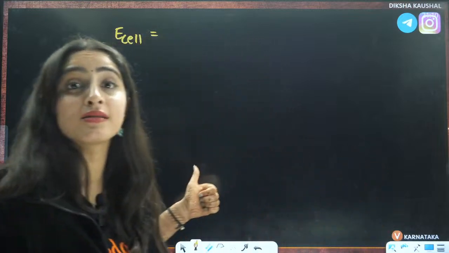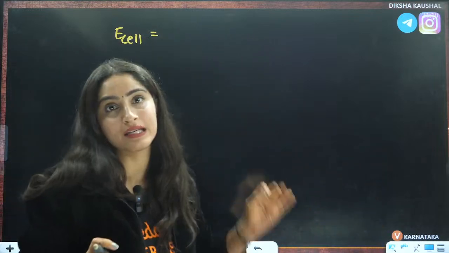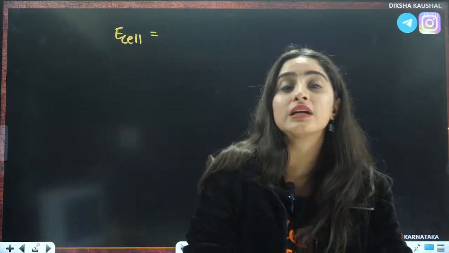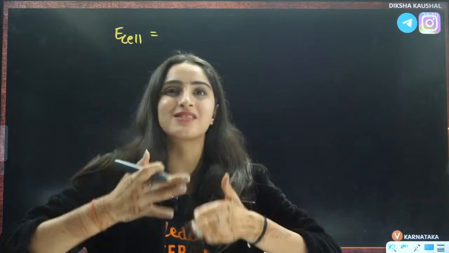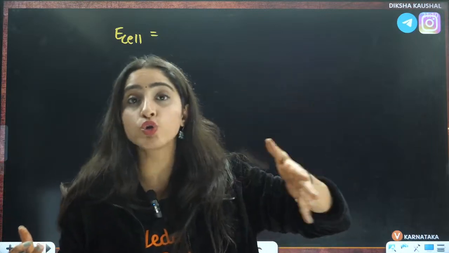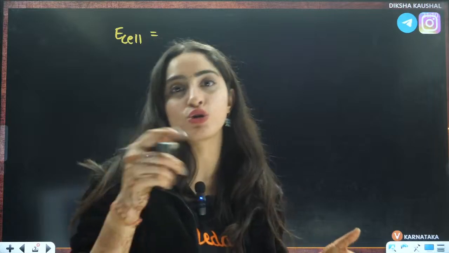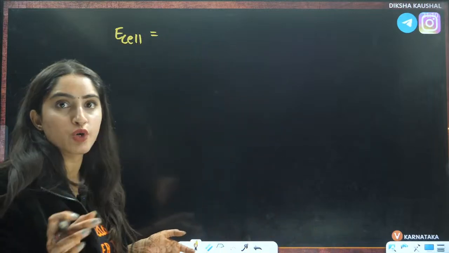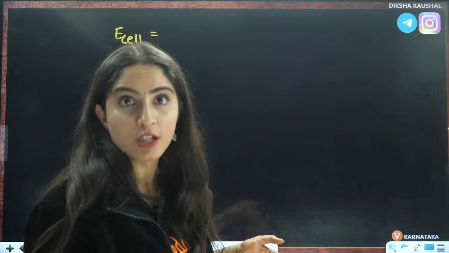To calculate this E cell, we need to check what is Nernst equation and why Nernst equation is so important. It is not just about cramming the formula of the Nernst equation, but also understanding how to apply that formula. So in today's lecture, we are also going to take up some numericals based on that.